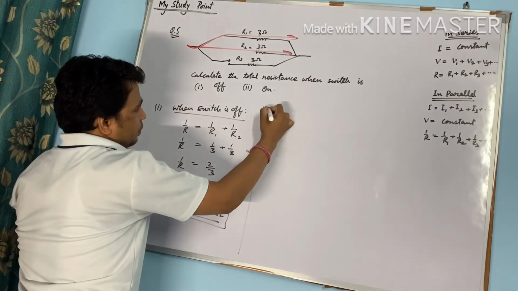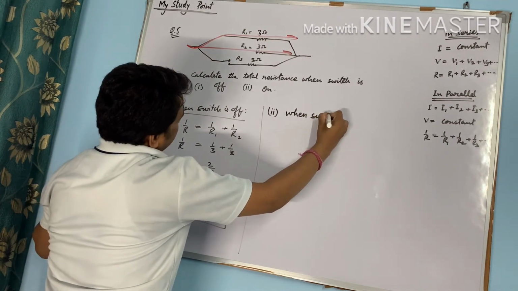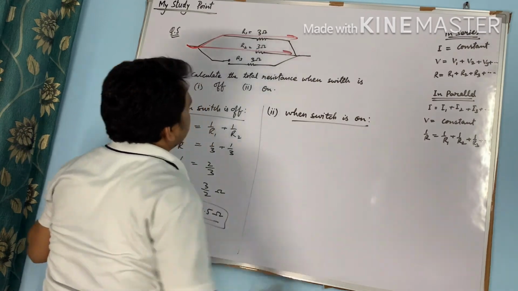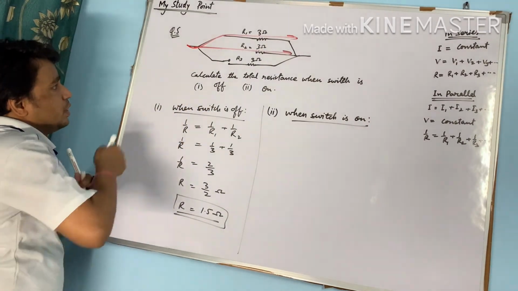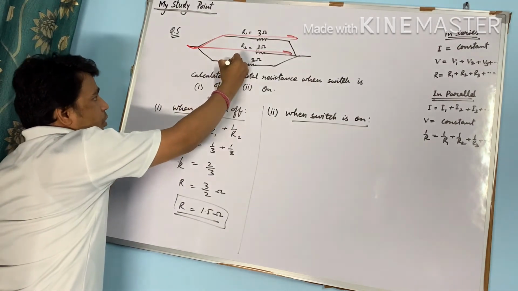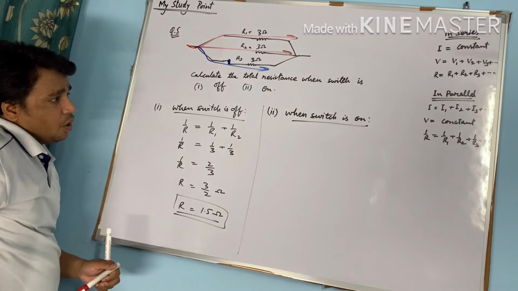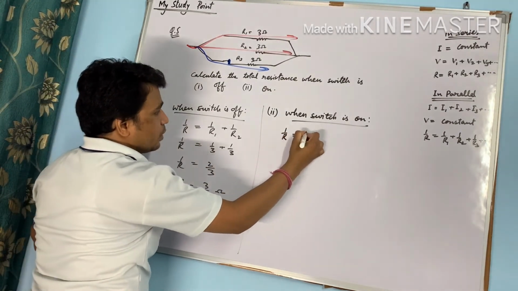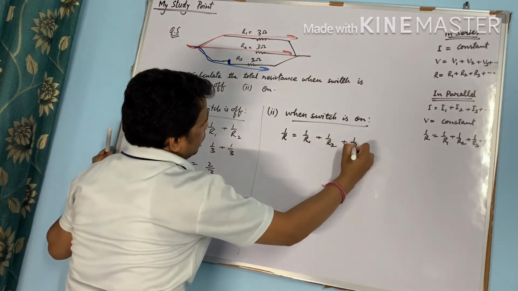But when the switch is on, then current will pass through the third one also, then all of the resistors will work. Then total resistance will be 1 by R is equal to 1 by R1 plus 1 by R2 plus 1 by R3.